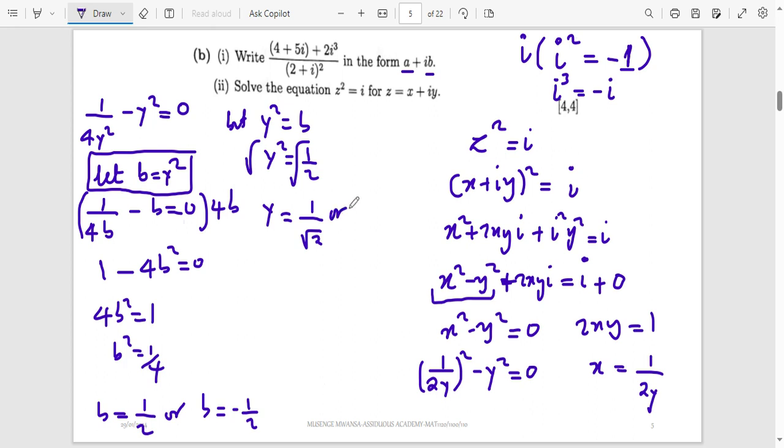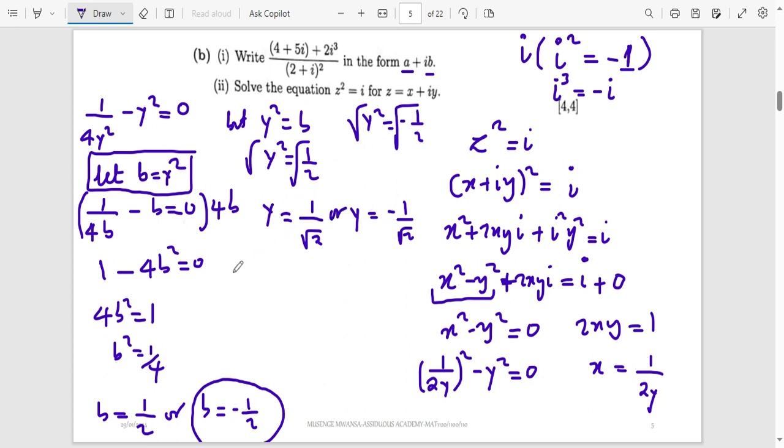Or y is equal to negative 1 over square root of 2. Remember, if you square root both sides, square root is either positive or negative. I will not use this value here. Why? Because if I say y squared is equal to negative 1 over 2, and then I want to square root both sides, we know we don't have a square root of a negative number to give us a complex number. So these are the two values of y.